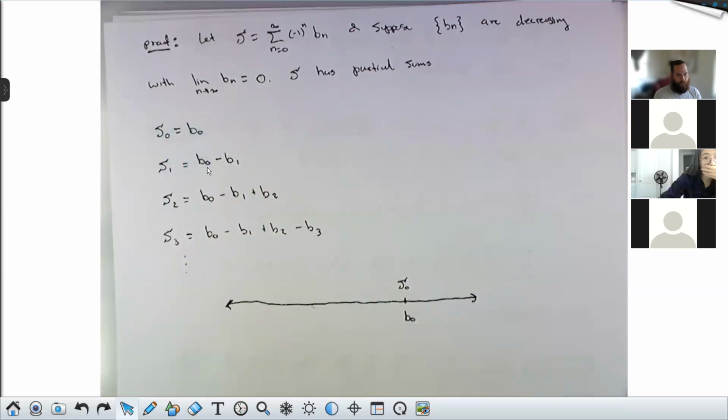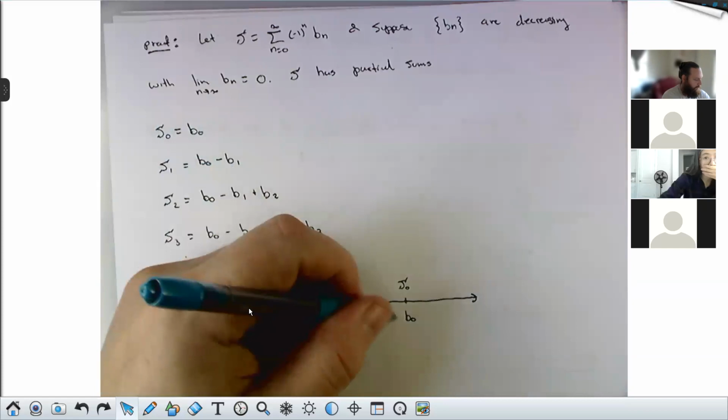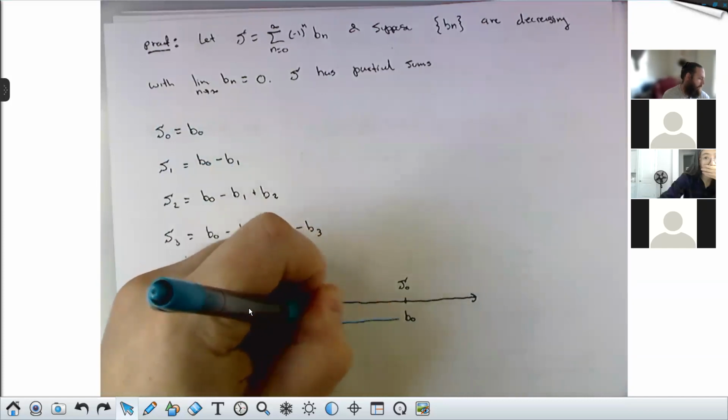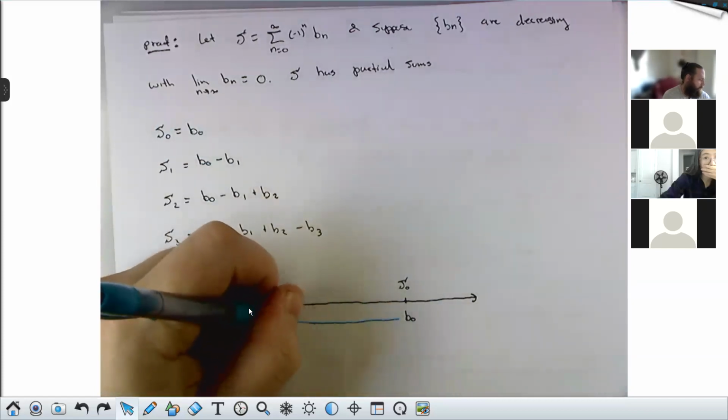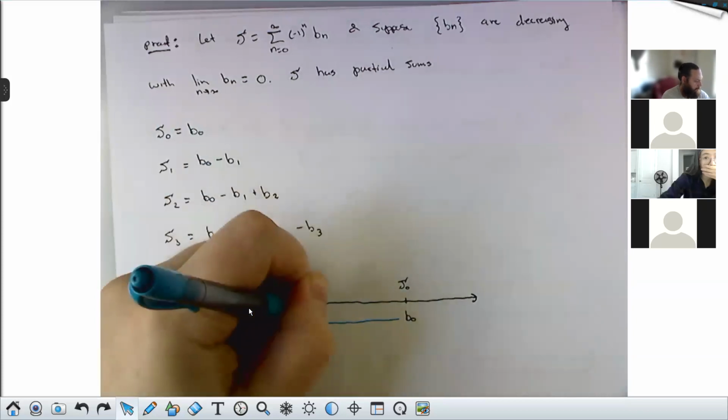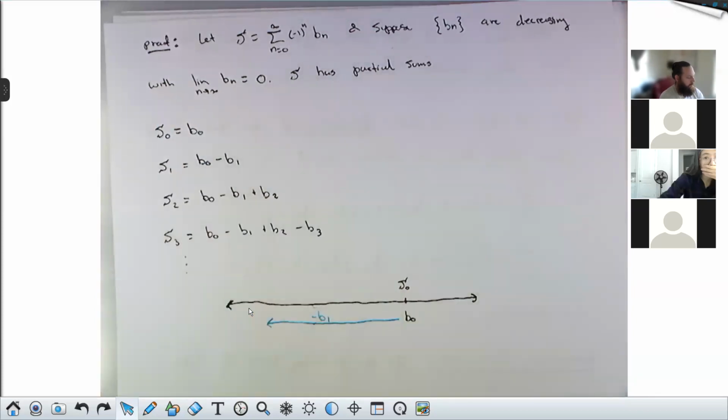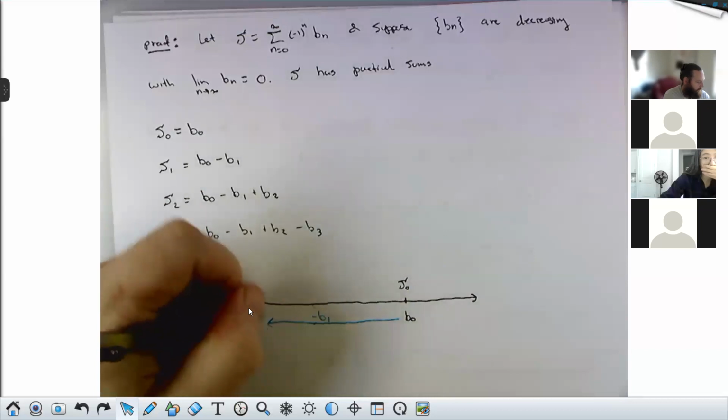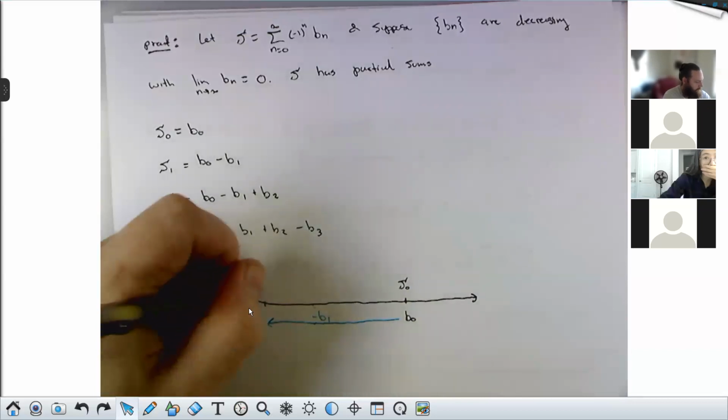S0 is just B0. S1 is B0 minus B1. So we're going to move to the left by B1 units. So from over here, if I subtract B1, that means I'm moving to the left by B1 units. Then right here, that's S1.